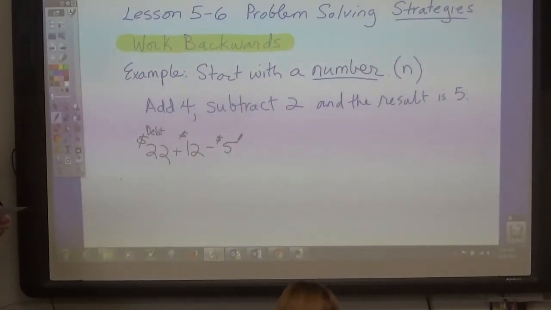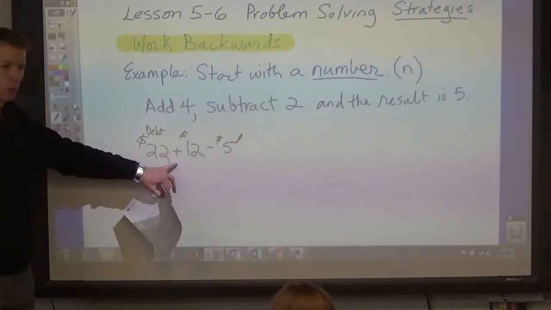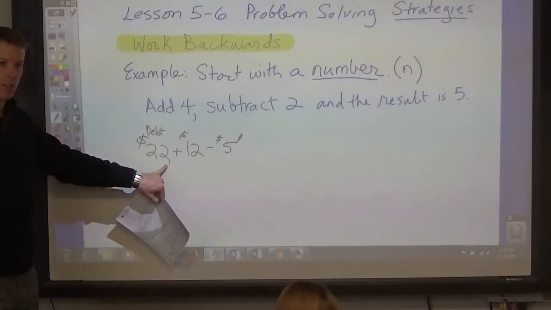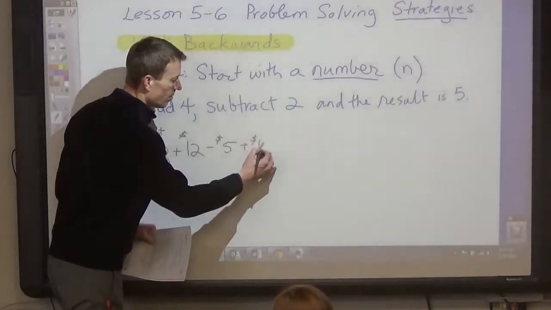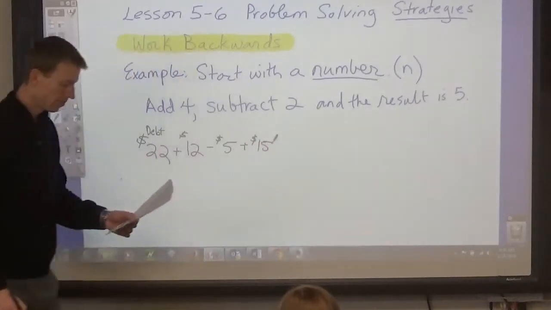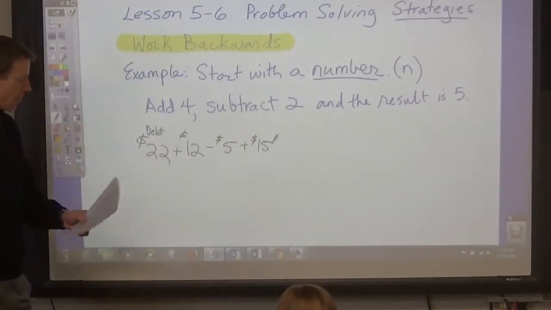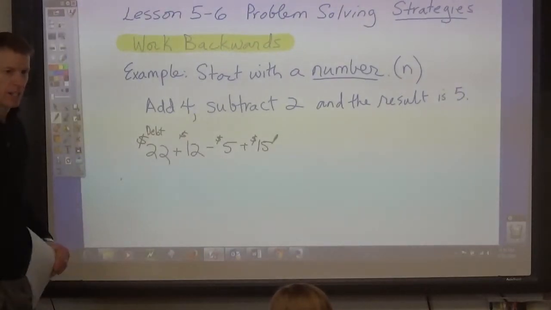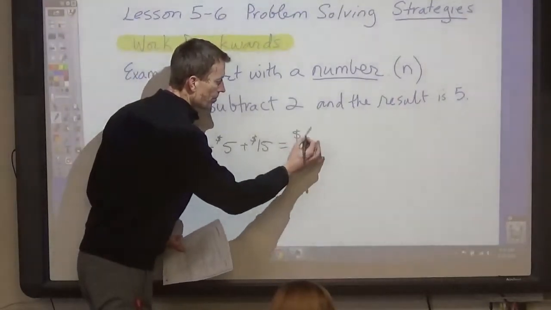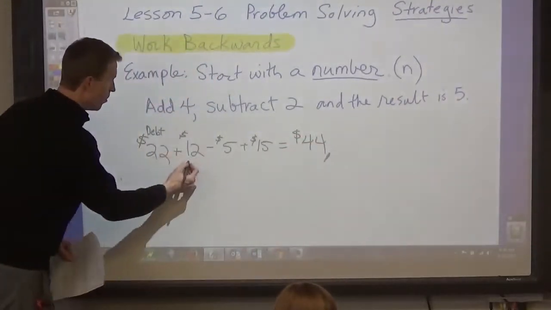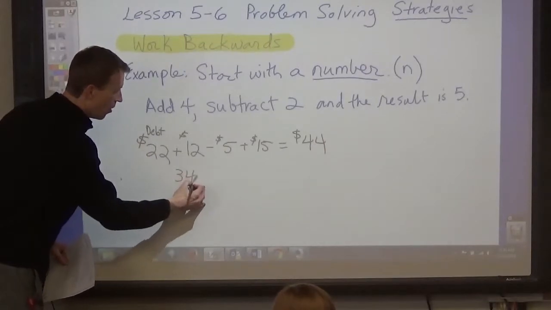Then it says on Thursday she paid her parents $15 that she had earned babysitting. So again, instead of subtracting that from her debt, we're going to add the amount. And so what is her debt then at the beginning? $44, yep. 22 plus 12 is 34.